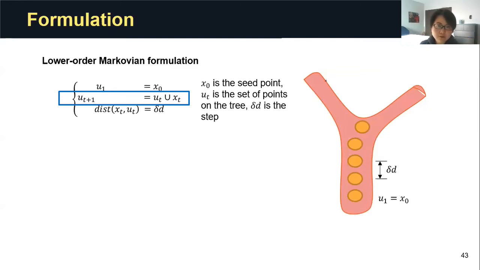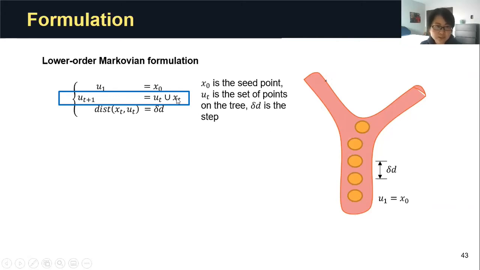If you remember the tree tracking formulation we proposed in the very beginning of this talk, the general tree tracking process is of lower order Markovian formulation. So basically, we start from a root point, which is x0, and by using a fixed tree tracking step, we augment from x0 to the next point, and then from the next point to the following point.